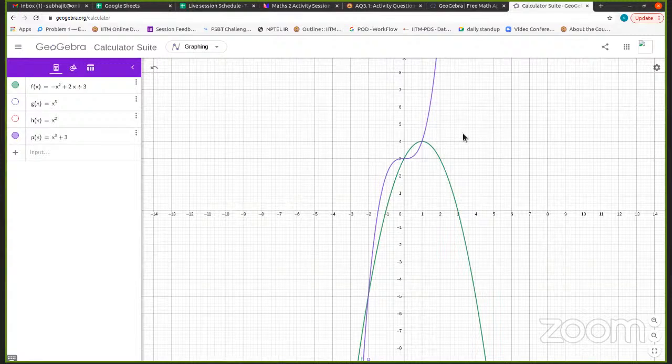Sir, are saddle point and inflection point the same? In general it's considered to be the same, but some authors define it in a different way. But what we are considering here, saddle point and point of inflection are the same.